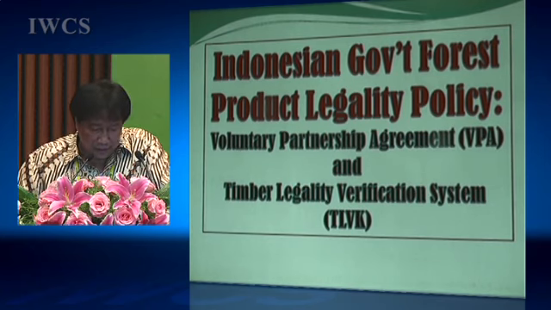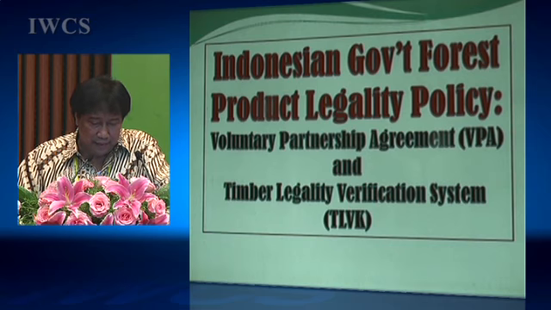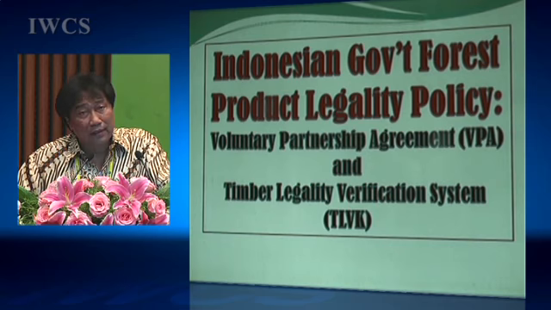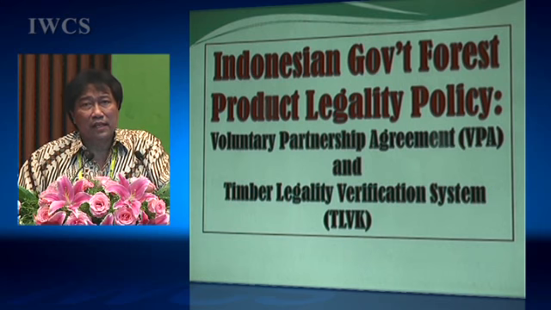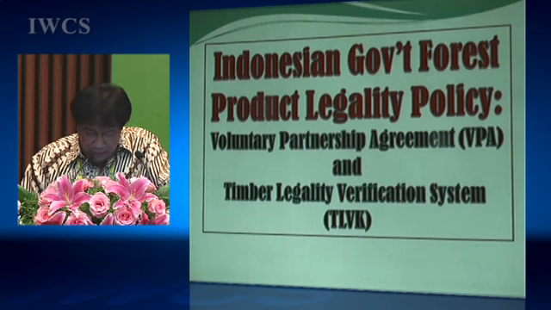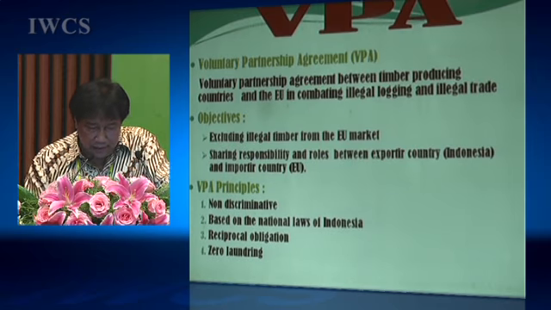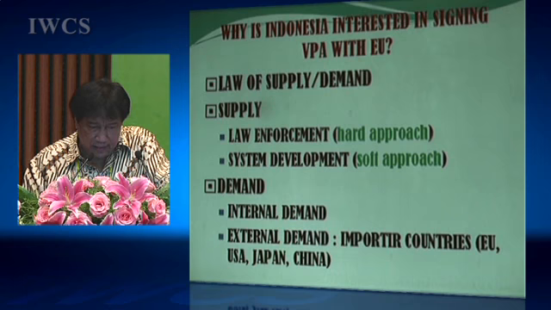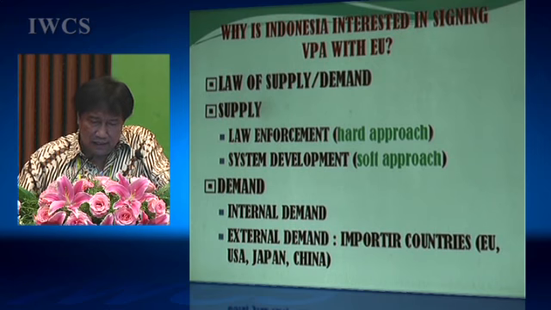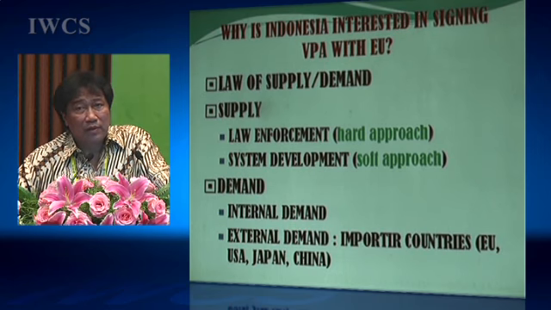And then we also have legality policy in Indonesia. You know about the Voluntary Partnership Agreement and the Timber Legality Verification System, TLVS. In Indonesia, we say SVLK. This is popular right now. And then what about VPA? You know about that. And then why is Indonesia interested in signing a VPA with the EU?